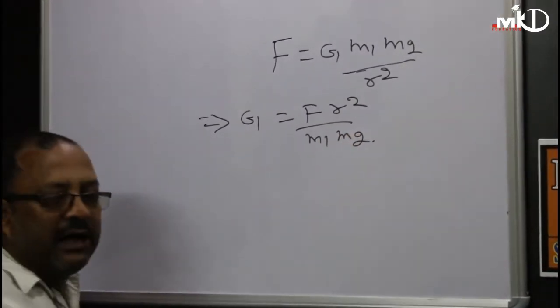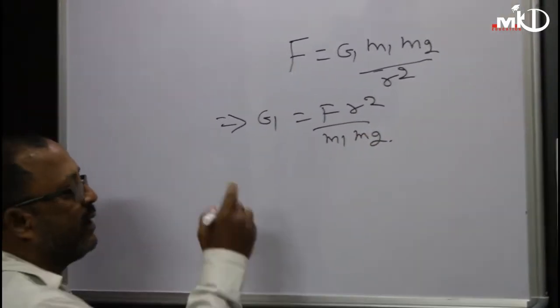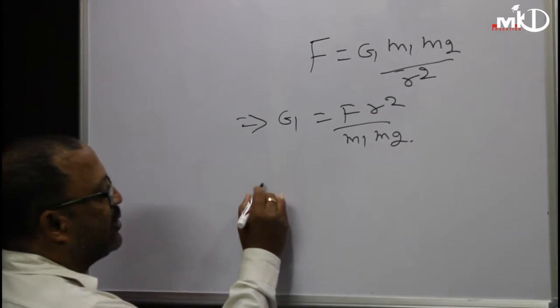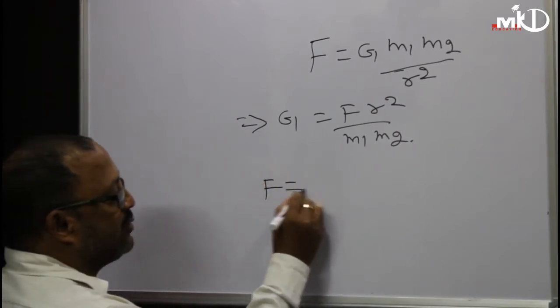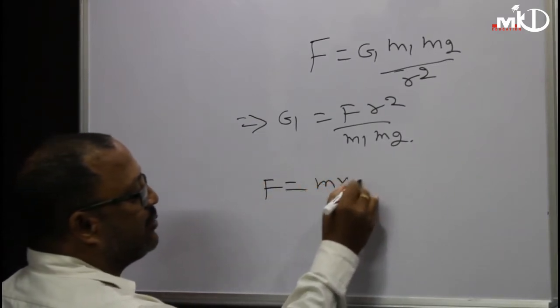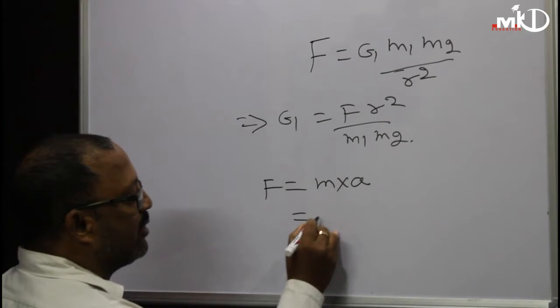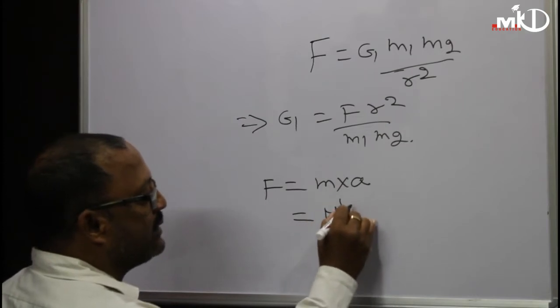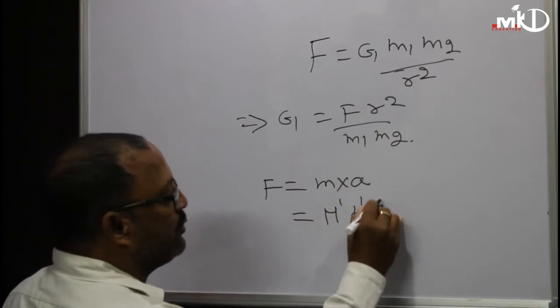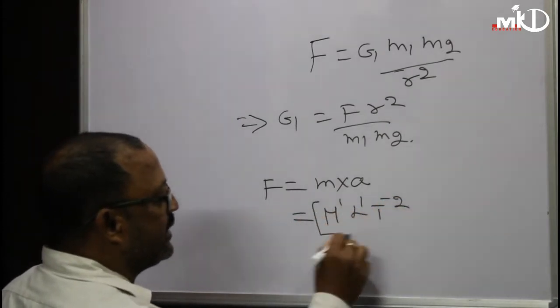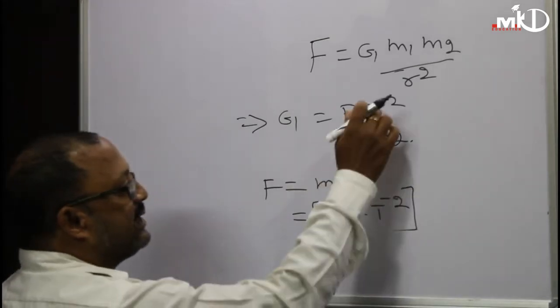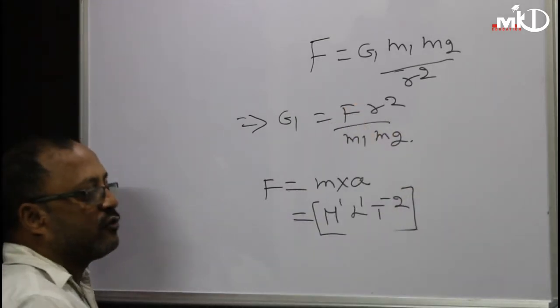Now we are going to derive the dimension of that quantity. Already you know the dimension of force, that is mass into acceleration, which is M to the power 1, L to the power 1, T to the power minus 2. And R is the radius, therefore it is L square.